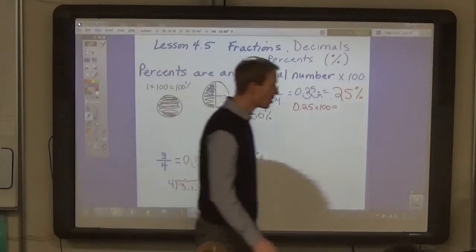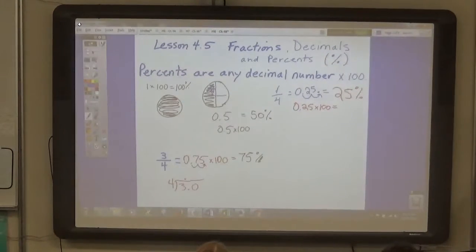All right, go to your worksheet. How do you change a fraction to a decimal? What should you write down for that answer? Good. Divide the numerator by the denominator. Step 2. Put the decimal point in the right place.